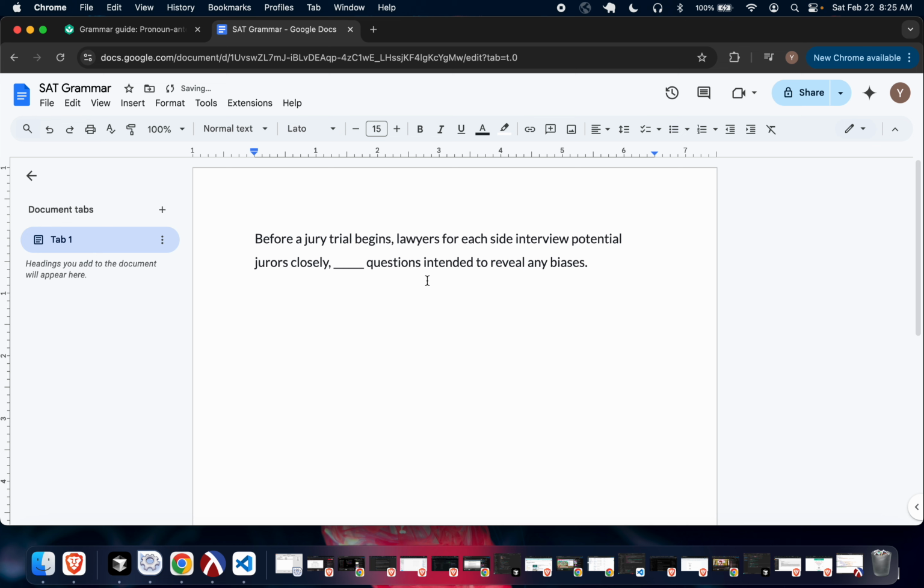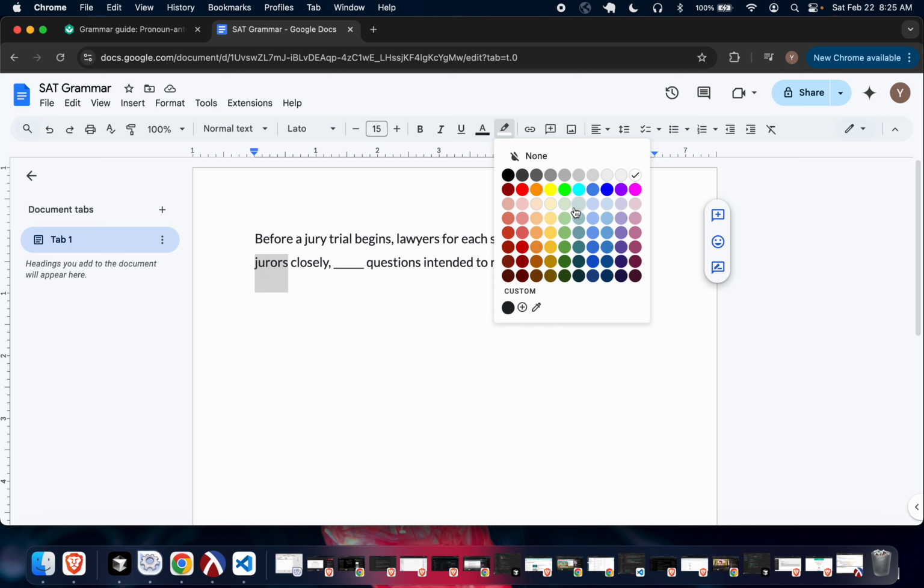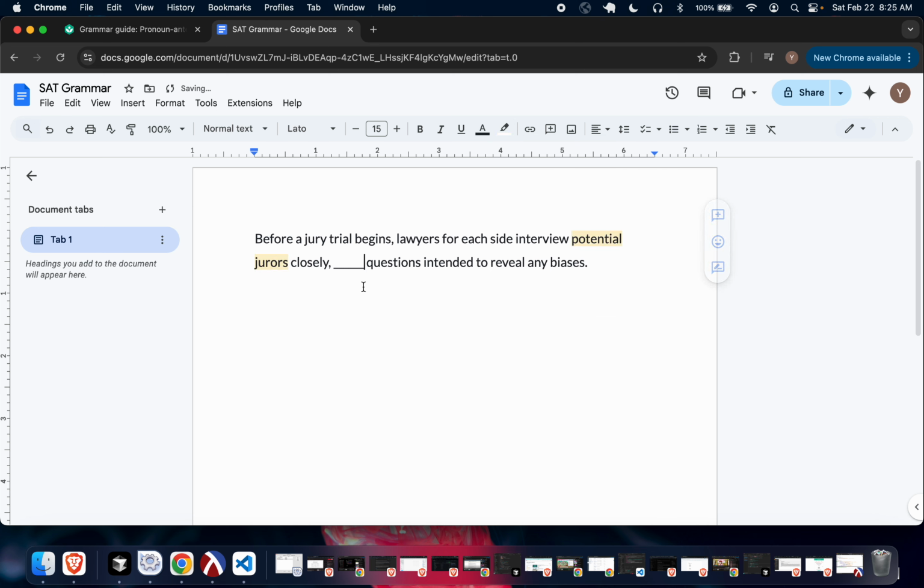Before a jury trial begins, lawyers for each side interview potential jurors closely. So this is the noun that whatever pronoun we have is going to be referring to. Potential jurors is a plural noun, so we're going to be looking for a plural pronoun. And one other thing is that the gender of these potential jurors is not specified, so we're going to be using some sort of neutral pronoun.